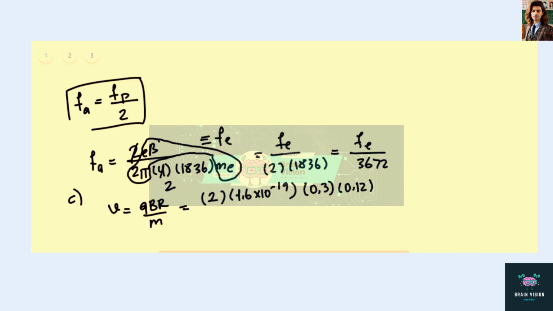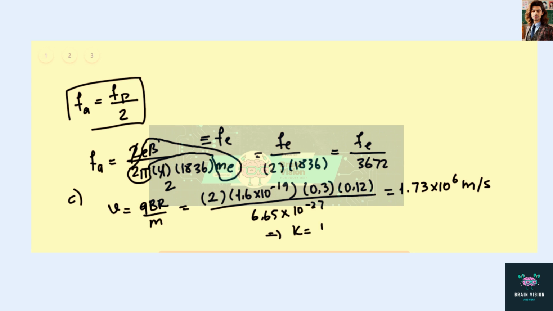The radius is given to us as 0.12, divided by 6.65 times 10 to the negative 27, the mass of the alpha particle. From here, we can get the speed to be 1.73 times 10 to the 6 meters per second, and then plug this information into the kinetic energy equation.